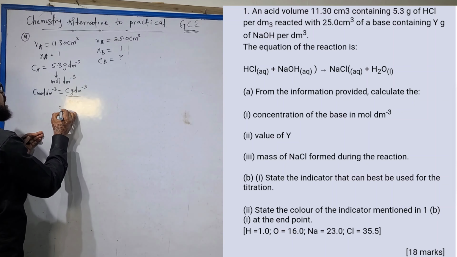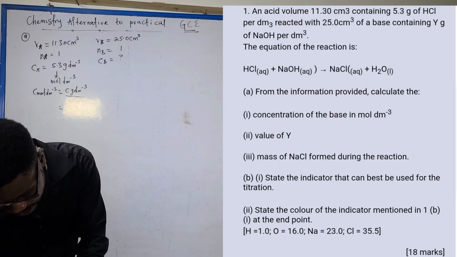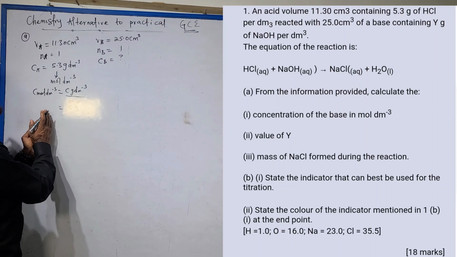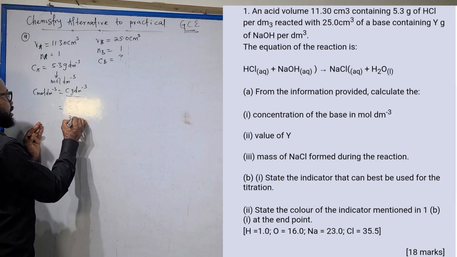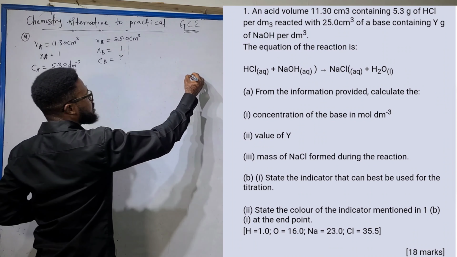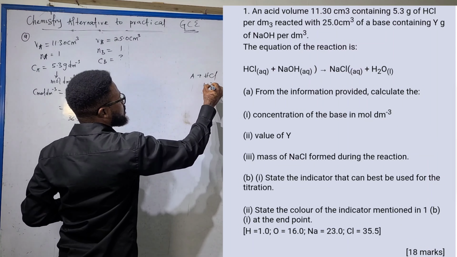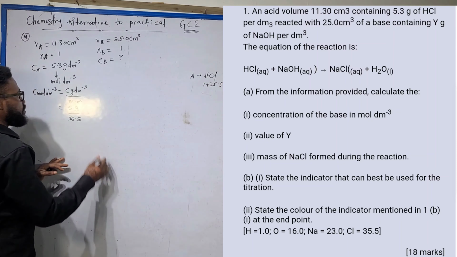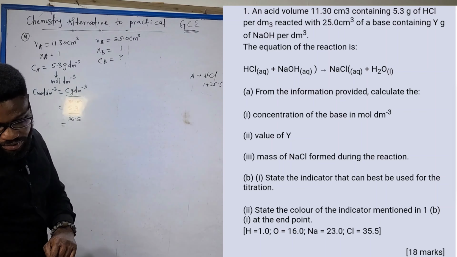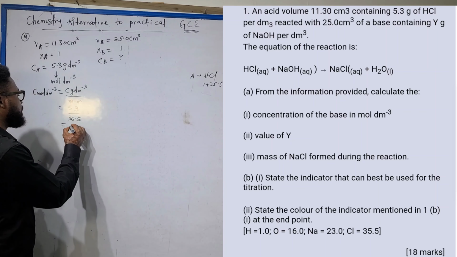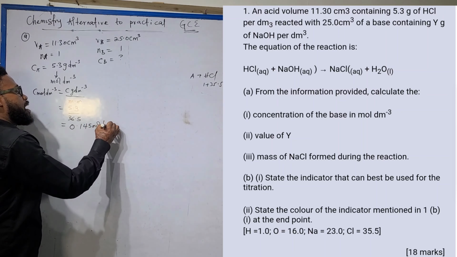That means 5.3 divided by the molar mass of HCl, because my acid is HCl. That is 1 plus 35.5, which is 36.5. If I compute 5.3 divided by 36.5, that is 0.145 mole per dm cube.